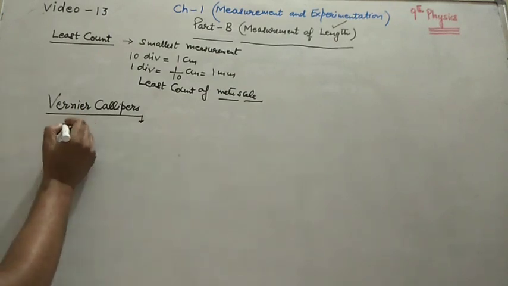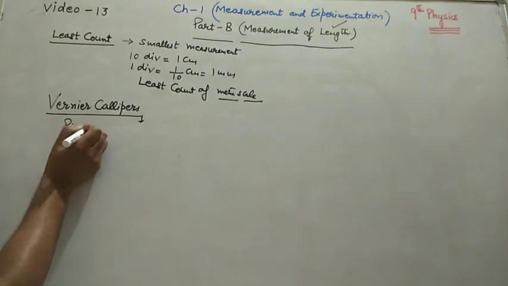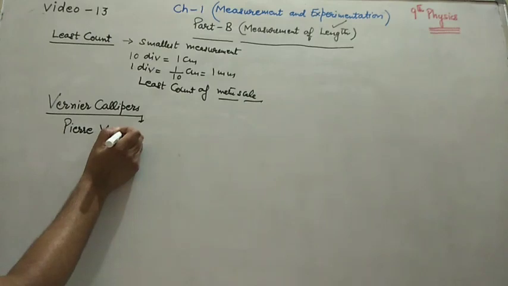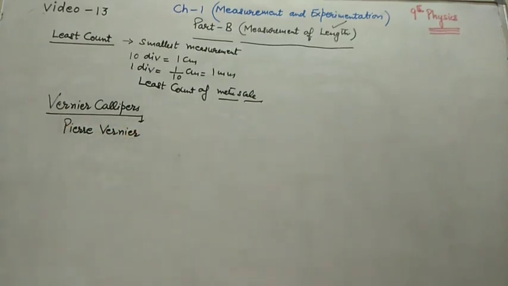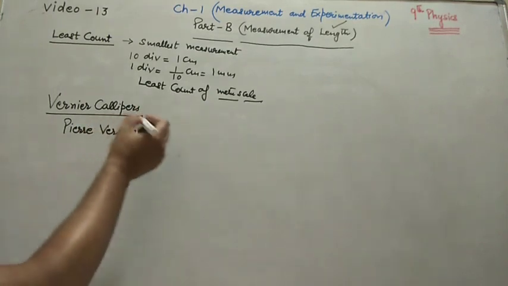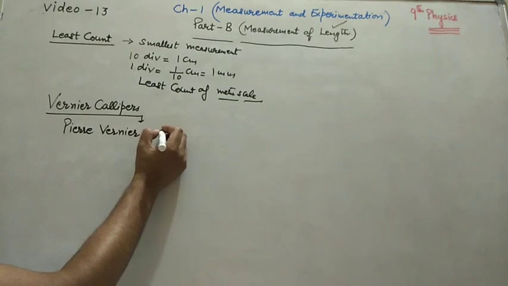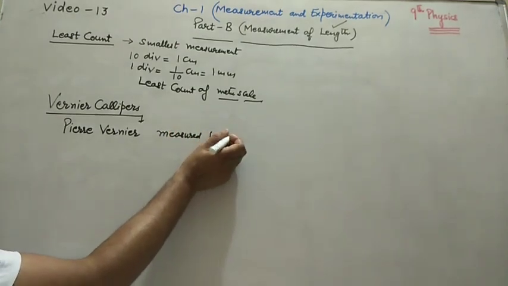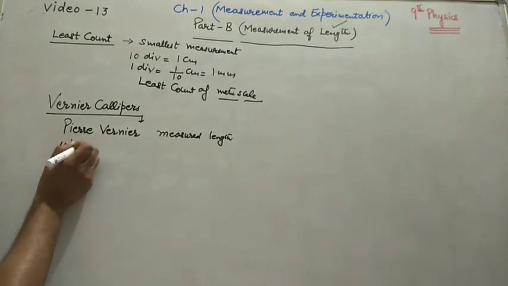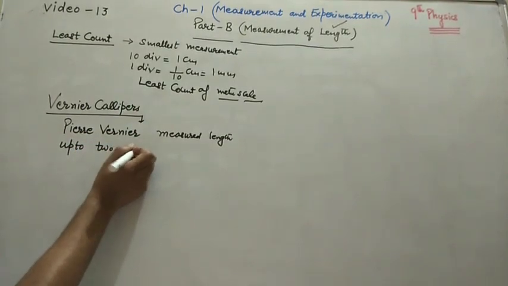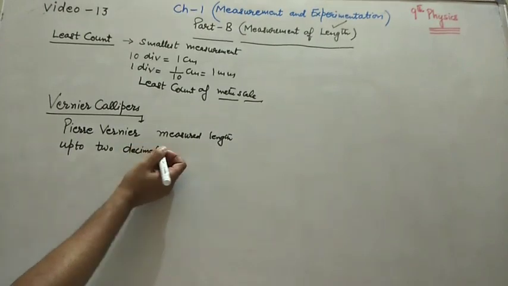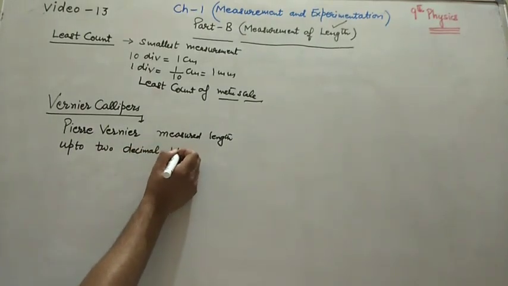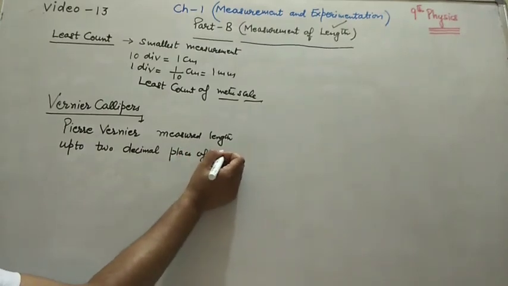Pierre Vernier was a scientist who devised one of the methods to measure length. With it, length can be measured up to 2 decimal places of a centimeter.